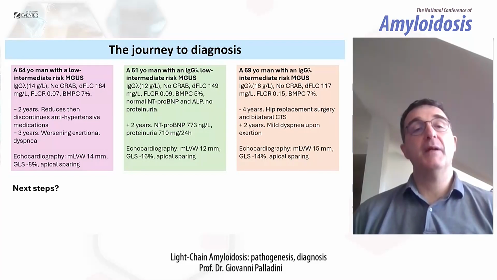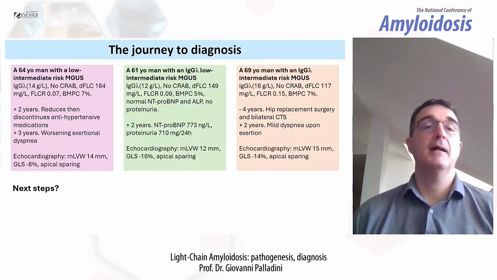If we look at the first patient on the left, this gentleman, after 2 years, had to reduce his antihypertensive medications, and then hypertension resolved. And then after 1 more year, the patient experienced a worsening exertional dyspnea.